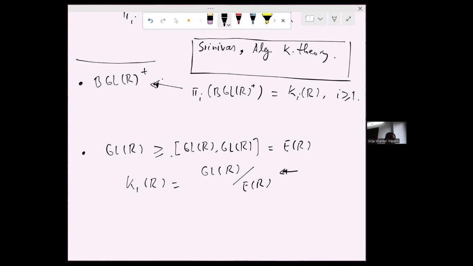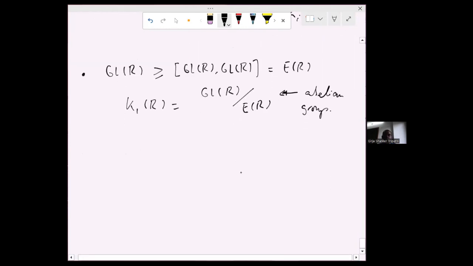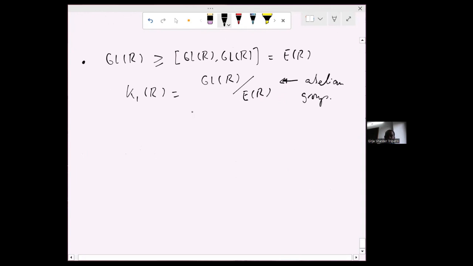These groups are not abelian, but this one is abelian. It's the abelianization of this group. In a sense, it's the largest abelian quotient that one can make out of GLR. So this is our K1 you would have seen, and then we define K2R as the kernel of this map.